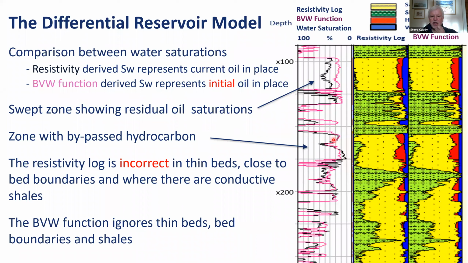So you need to use the reservoir model here to find out where you can chase oil in your reservoir. The resistivity log can be incorrect in thin beds, close to bed boundaries, and where there are conductive shales. The BVW function ignores thin beds, bed boundaries, and shales, and is therefore useful.